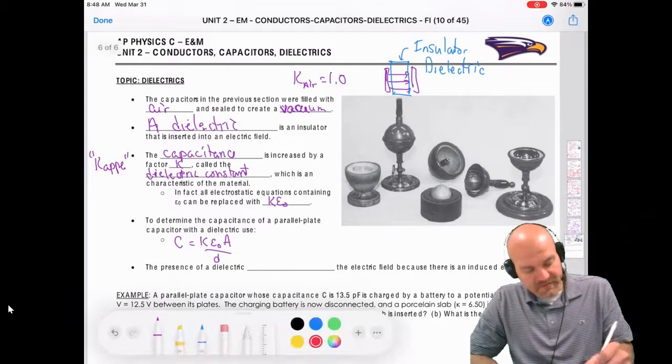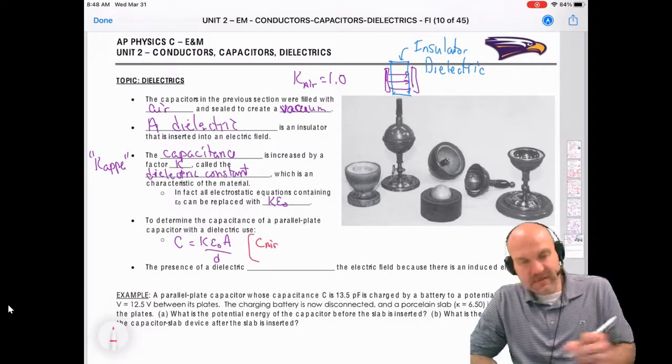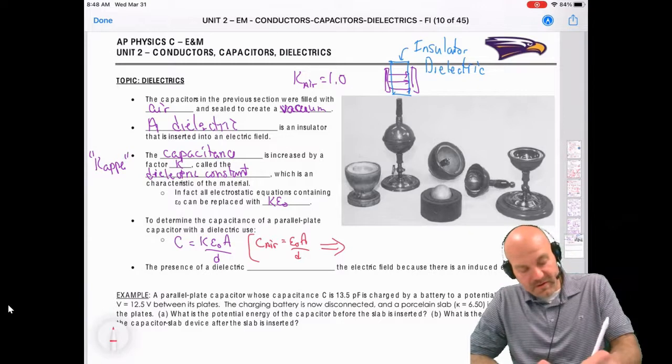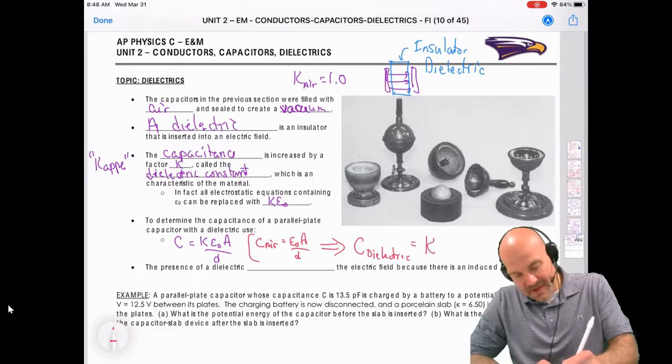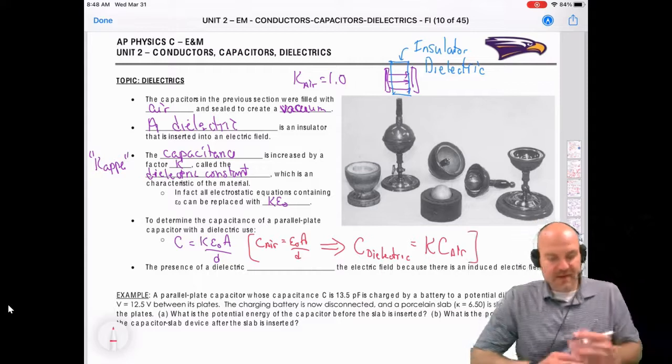So the capacitance for air was epsilon naught A over D, which means our capacitance with a dielectric is simply kappa times the capacitance with air.